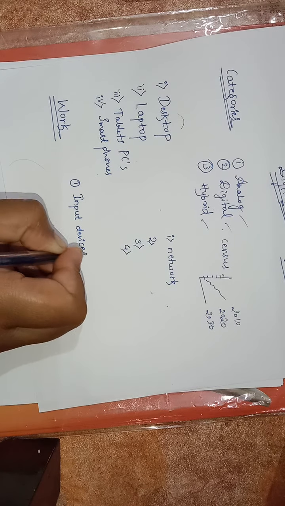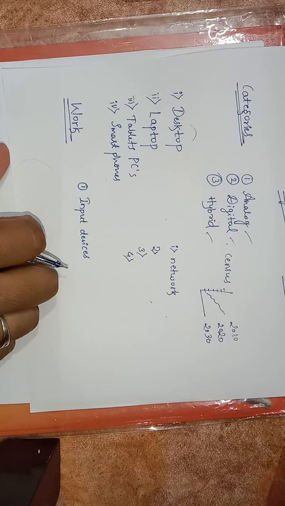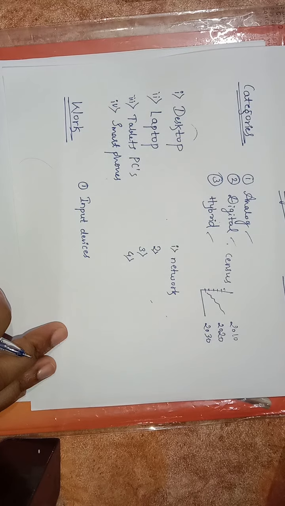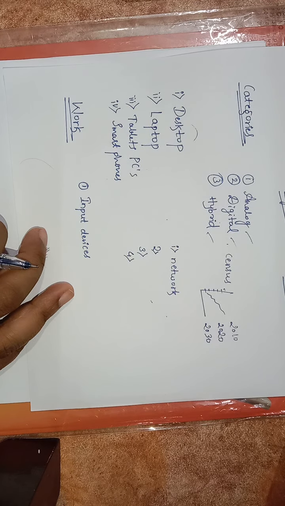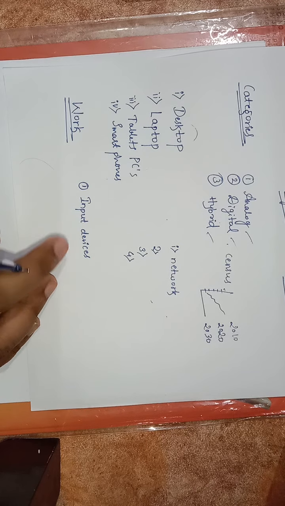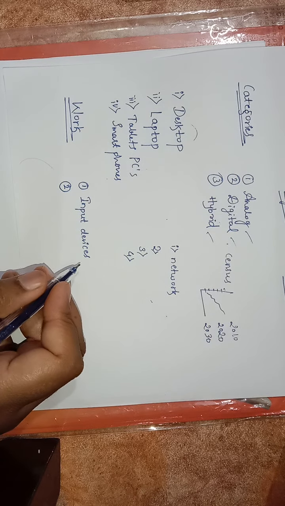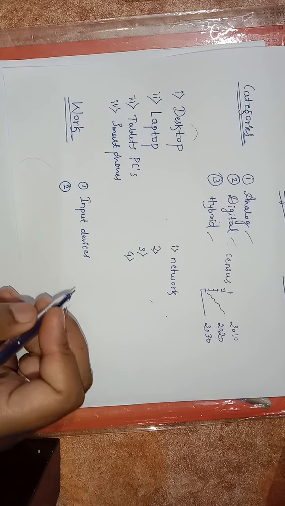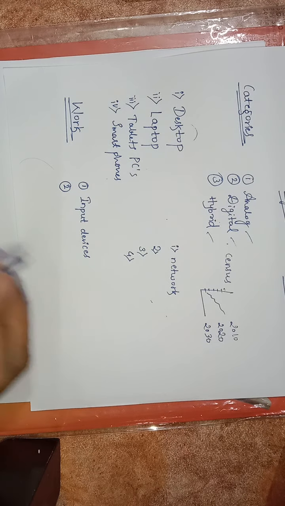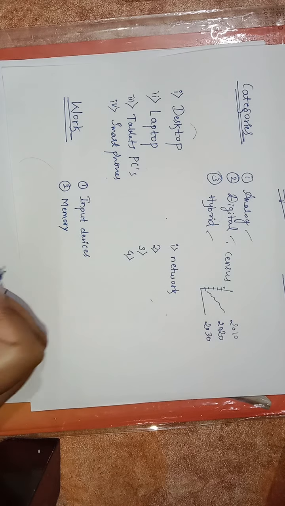You give the data or information to the computer by using a mouse or a keypad, right? Then after that, it will store the data and the information in its memory.